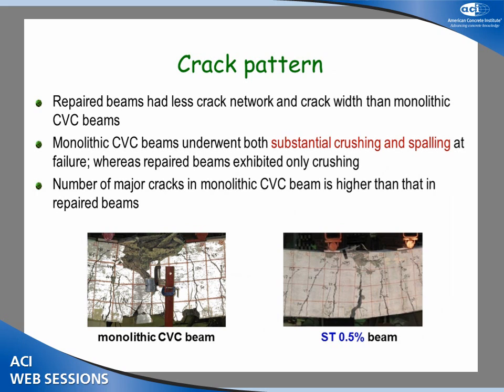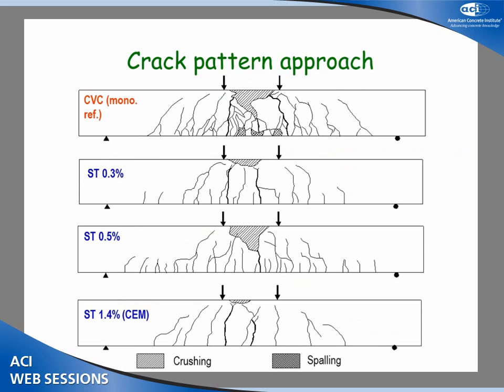You get crushing and spalling of the concrete and large cracks versus smaller cracks and very little crushing of the concrete. And you can see it here going from conventional concrete to SCC was 0.3%, 0.5%, and this is the extreme going only mortar with very high fibers.